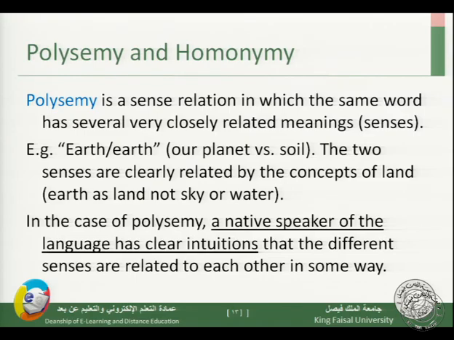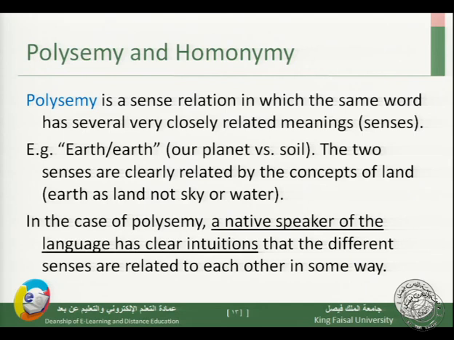So look at the example that we have here. Here we have two words, earth and earth. The first one means our planet, planet Earth, and the second one means soil, earth. We call these two a polysemous relationship.